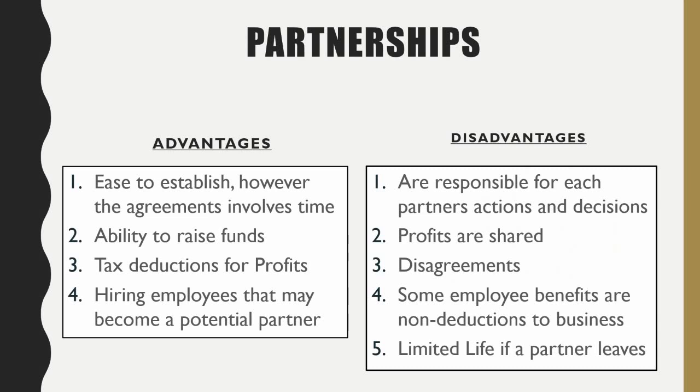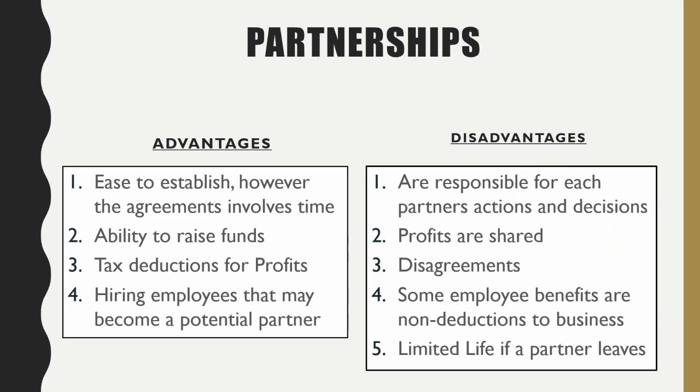Maybe one person handles one store location and the other takes care of the other location, but you're still a partnership. That's what's great about that. You have the ability to raise a lot more money than a small individual, and you have more versatility, right? You have someone who can get the profits on both ends, okay?